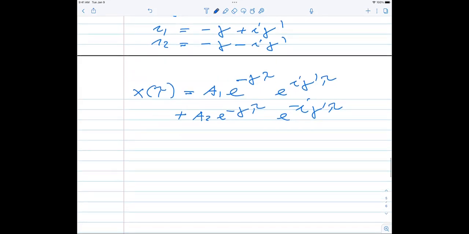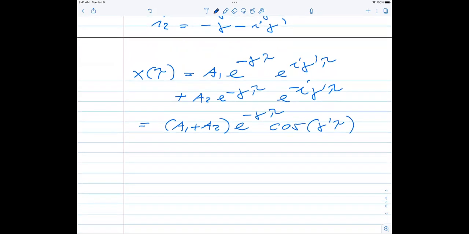So if I use the cosine and sine solutions, I get an A1 plus A2, multiplied with e to the minus gamma tau, and then multiplied with a cosine of gamma prime tau, plus I times A1 minus A2, multiplied with e to the minus gamma tau, and this is then multiplied with sine of gamma prime tau.